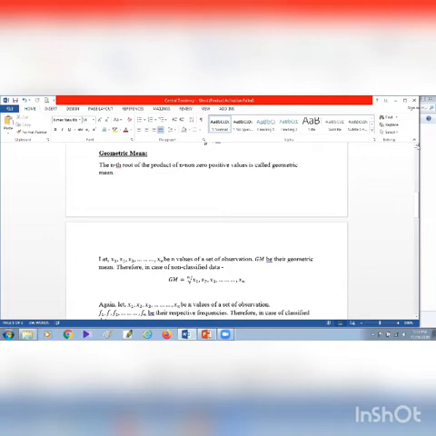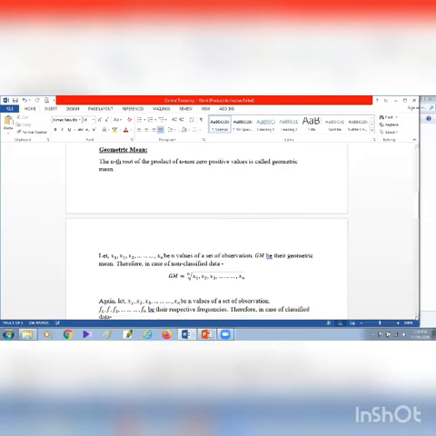Let x1, x2, x3 up to xn be n values of a set of observations, and GM be their geometric mean. Then GM equals nth root of x1, x2, x3 up to xn. This is for non-classified data.